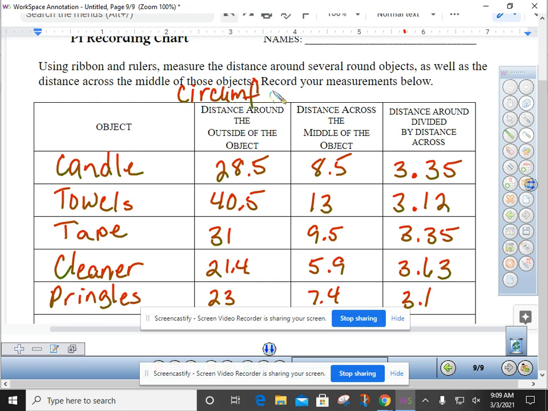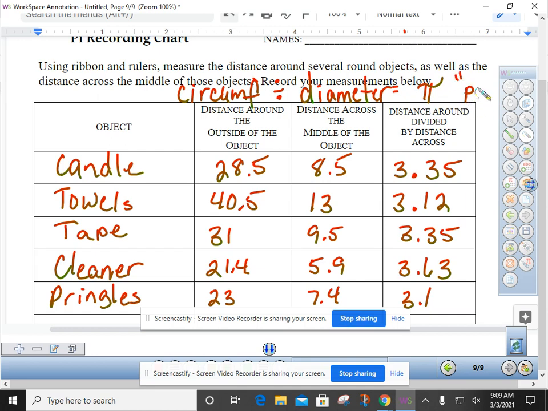What is the distance across the middle called? Diameter. So if you divide those, you get close to what? 3, which is also known as what? Pi.